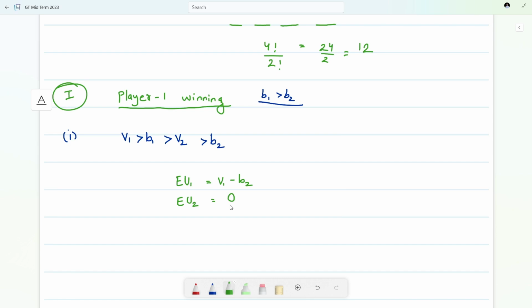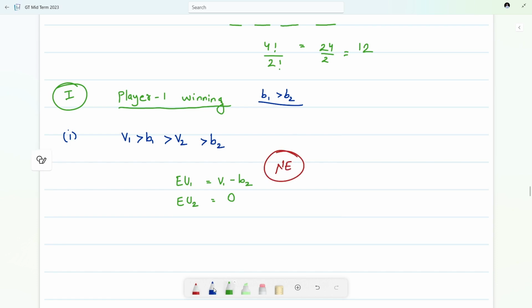The answer is no. In order to win the game, he has to bid higher than B1. In that case, the expected utility will become negative, and 0 is obviously better than a negative payoff. So yes, this case is a Nash equilibrium.